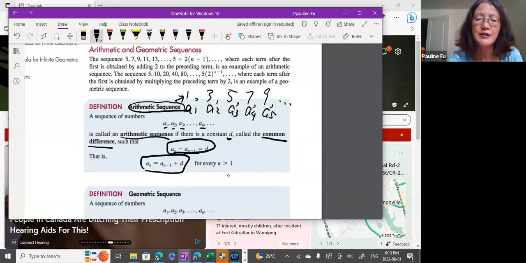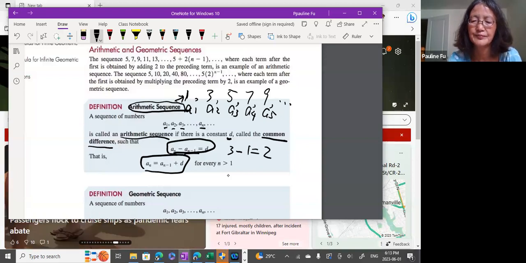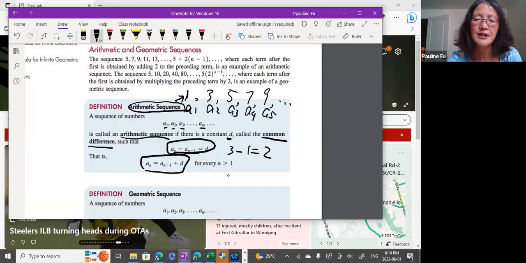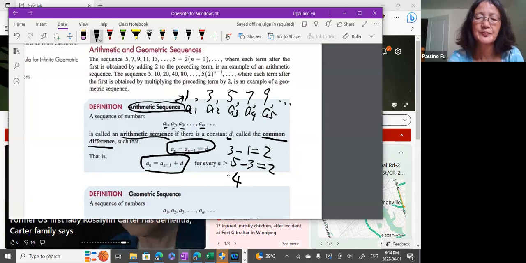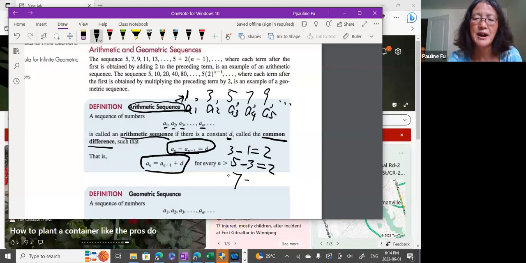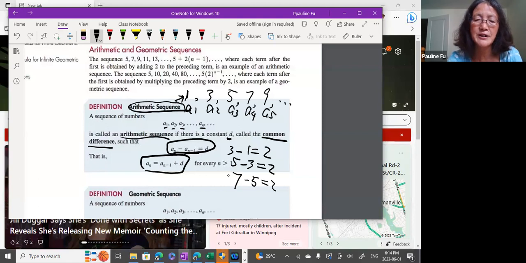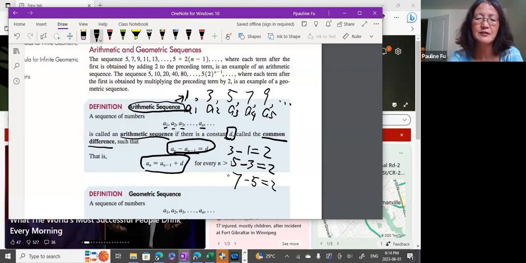If you use the second item 3 minus the first item 1, what do you get? You get 2. Do the same thing, the third item 5 minus the second item, you get 2. Next, the fifth item 9 minus the fourth item 7, you get 2. See, every time you do the subtraction between two adjacent numbers, you get a constant number D. We call this number D the common difference.